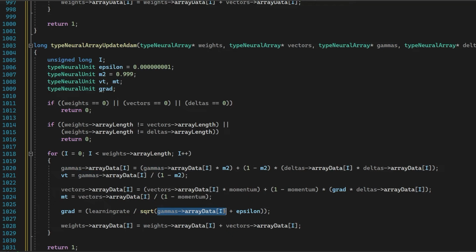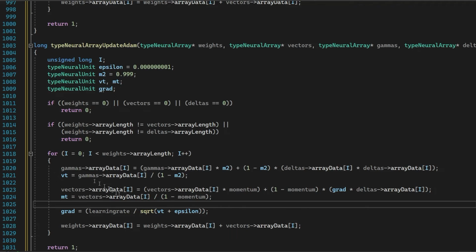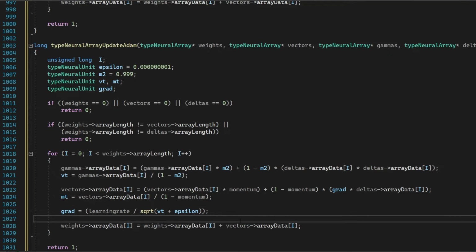That's why you have to do it that way, because we have to correct it, because if we use gammas directly, it does something wrong. Okay, gammas plus epsilon, v_t plus epsilon. So weight update has to be weights plus m_t times grad.